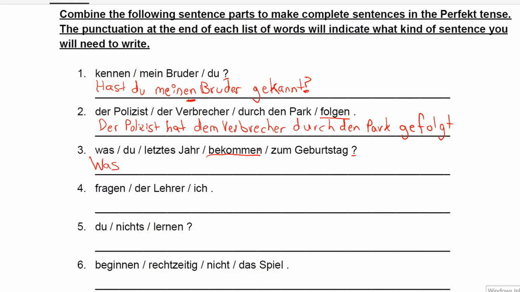And so we have to use here the form of haben that goes with our subject. And we're going to choose du as our subject for this sentence. So we say, was hast du? And then we have to figure out which thing goes first with either letztes Jahr or zum Geburtstag. And we go time, manner, and place. Time would be first. That would be letztes Jahr.